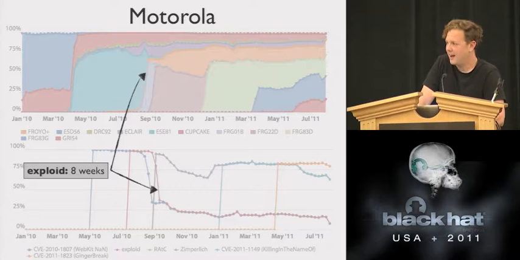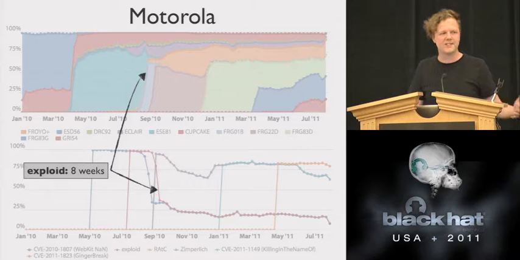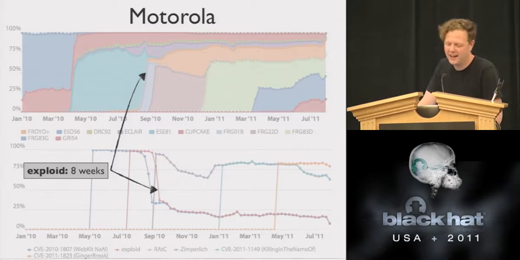For the exploit, and I think this probably speaks somewhat to the prevalence of the Droid at the time, it only took about 8 weeks to actually hit 50%, even though there's a number of other devices that add up to a different set of builds that are likely still vulnerable.